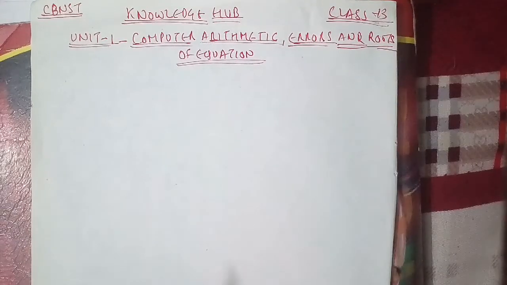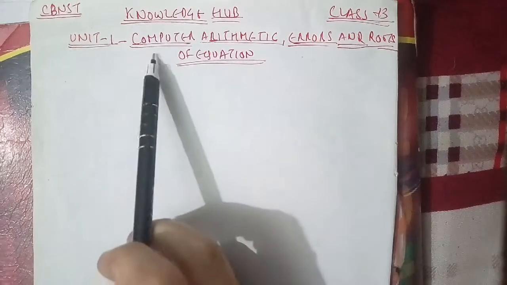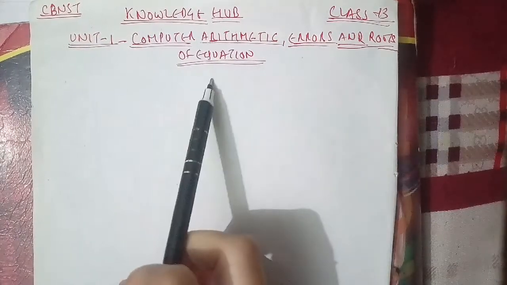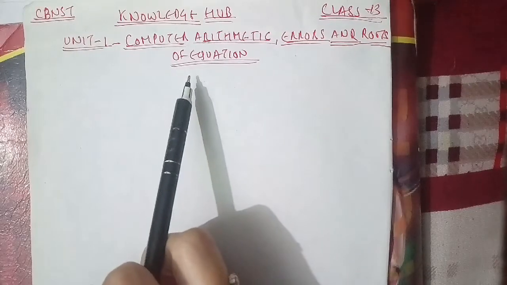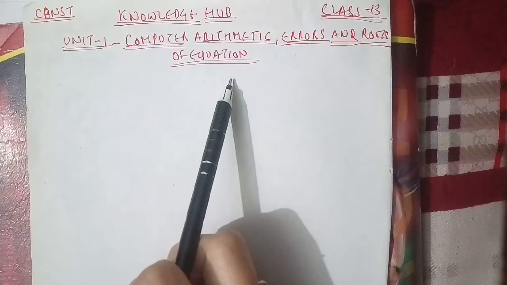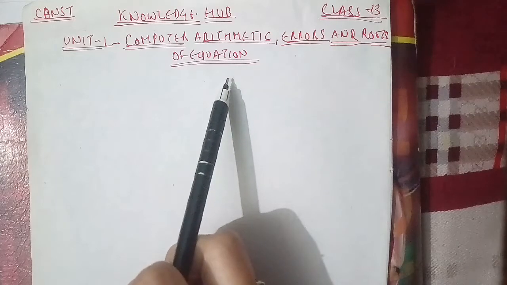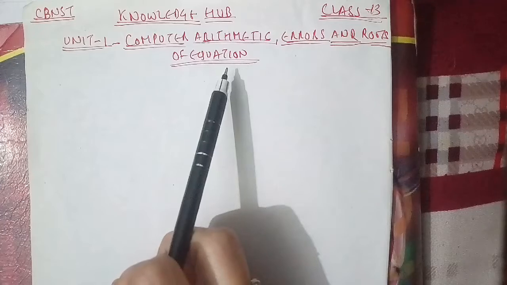We have done the 12th class, and the name of the unit is Computer Arithmetic, Errors and Roots of Equation. We have already done more than 42 questions here, and we will discuss more in this class. We are dealing with the regula falsi method.